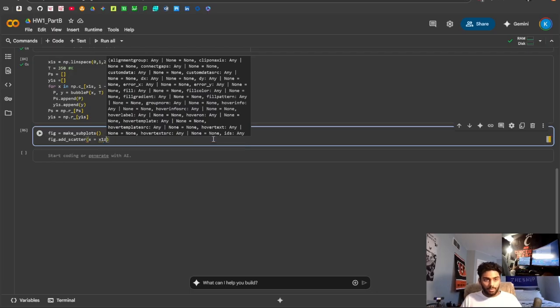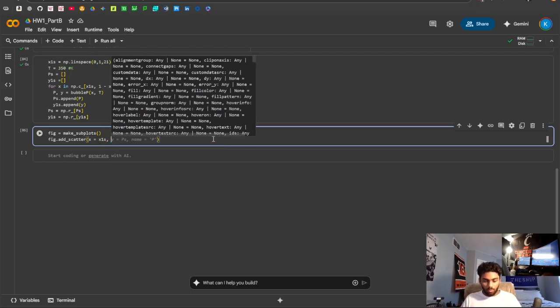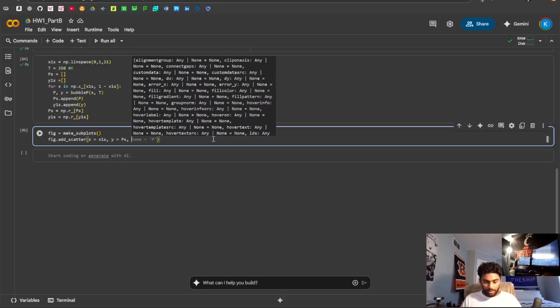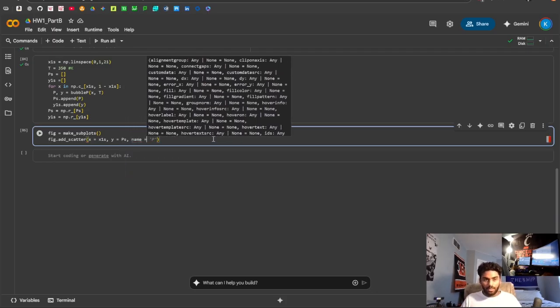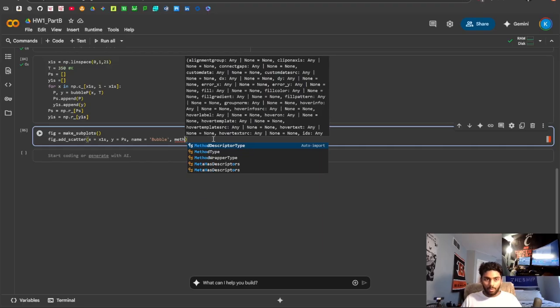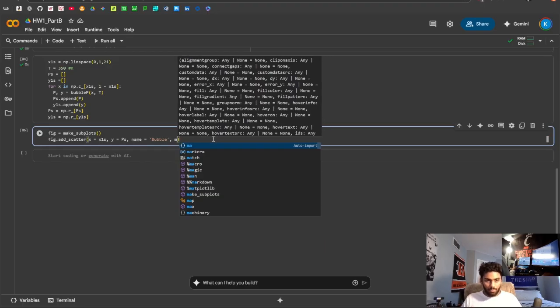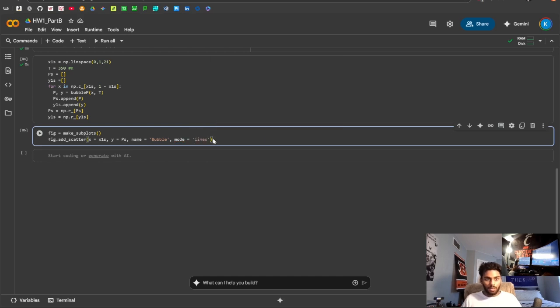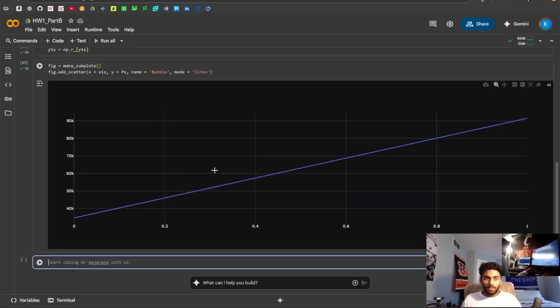Our x is going to be equal to our x1s. Our y is going to be equal to our p's. Our name, we're going to name this our bubble. Our marker mode equals lines. And there we go. This is our bubble point curve.